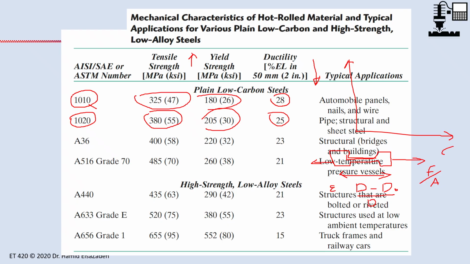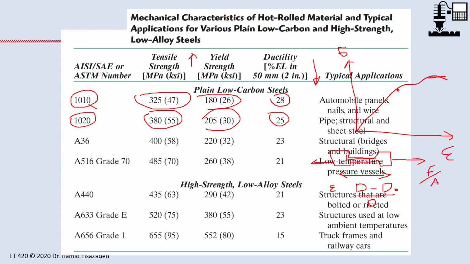Then you can plot these components versus each other, and then you see this behavior. Up to here is the elastic behavior, then we have plastic.